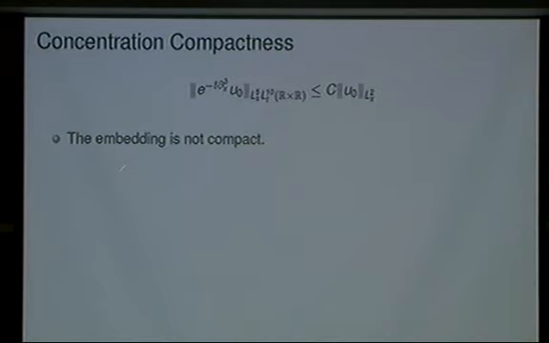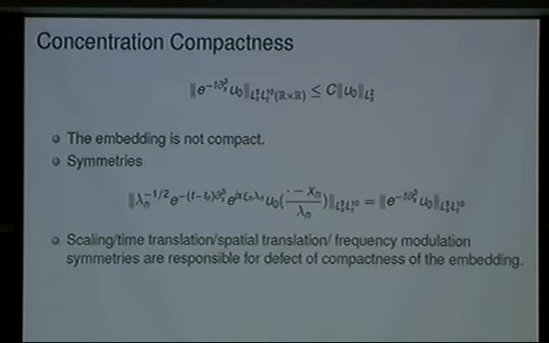But the problem is this embedding is not compact. We can easily observe counterexamples to the compactness of the embedding. The counterexamples come from just the scaling parameter, as the symmetry parameter.